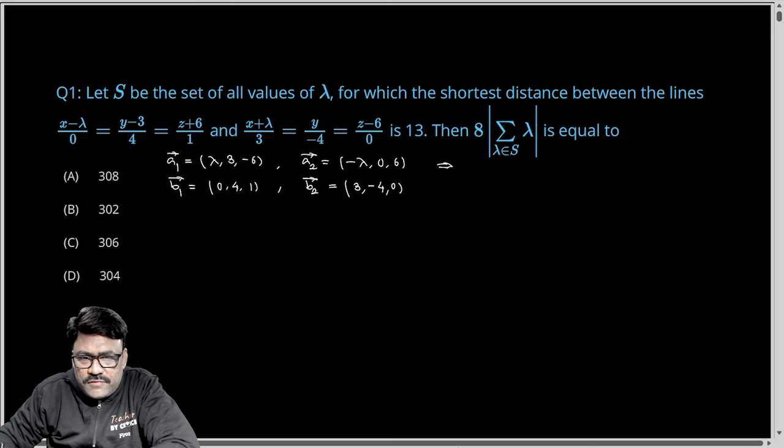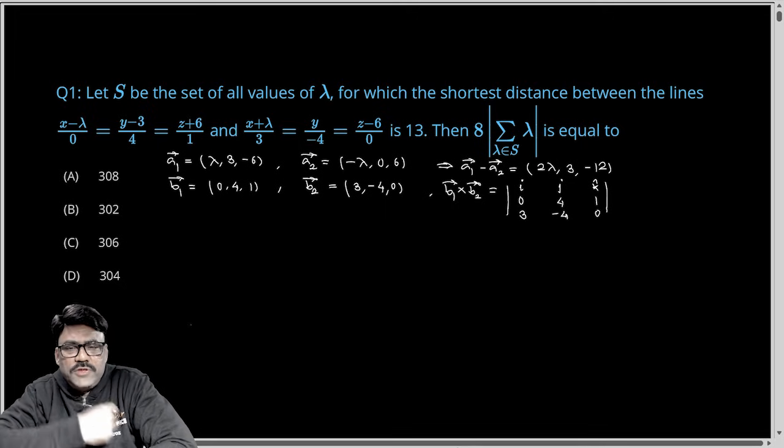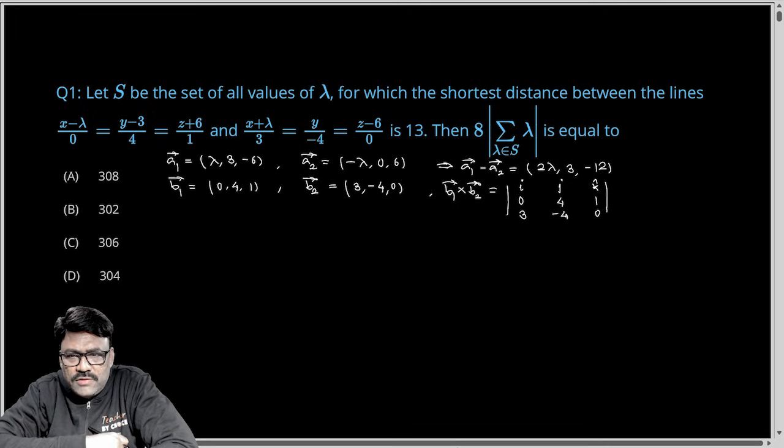Now if I check A1 minus A2, it is 2 lambda, 3, minus 12. And now what is B1 cross B2? B1 cross B2 is the determinant with i, j, k; 0, 4, 1; and 3, minus 4, 0.